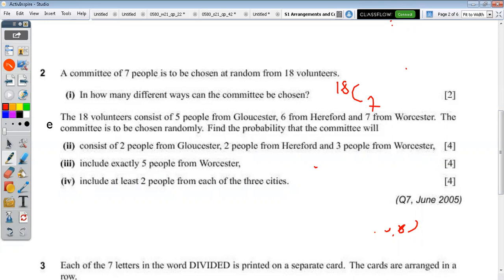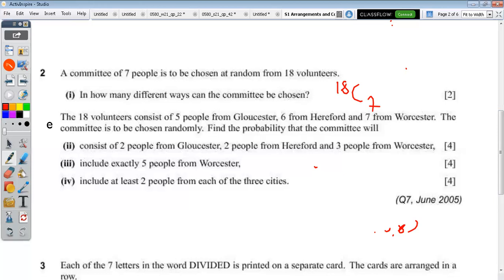Use your calculator, yeah. See, from that, it is the 18. Your calculator. Use 7. See, can't find a C on your calculator.